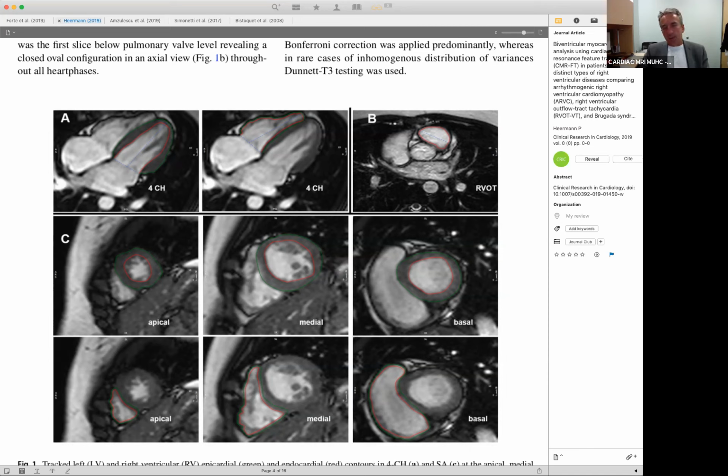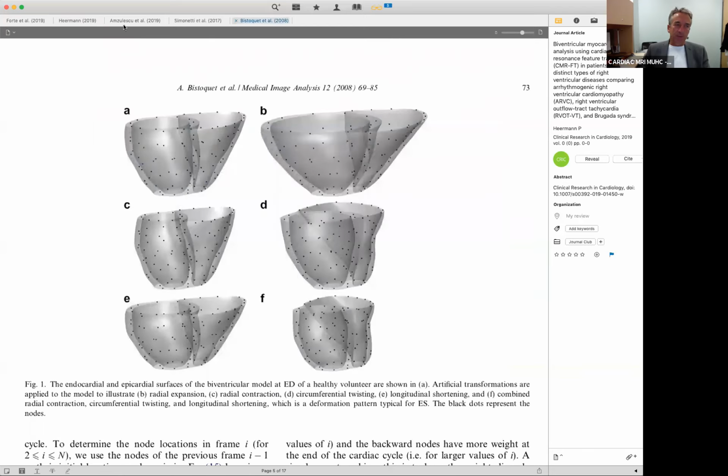And for the circumferential, I would clearly go for CMR, and I would probably not use tagging, but either one of the newer strain encoding techniques, SENC or DENSE, or the tissue tracking method that I showed here from Bistoquet et al.